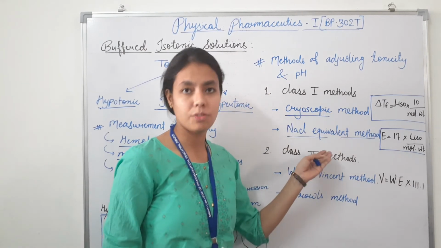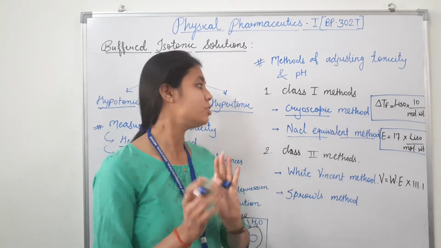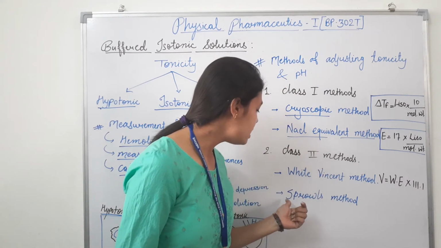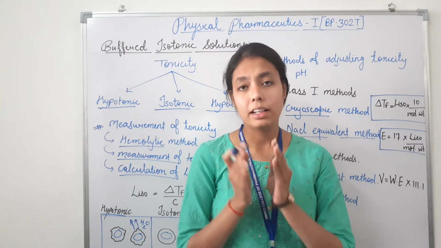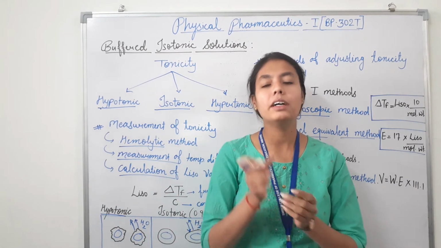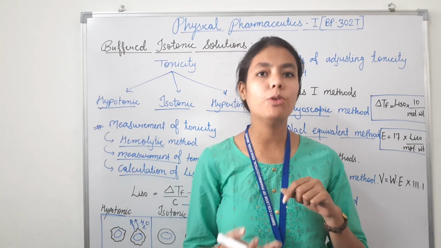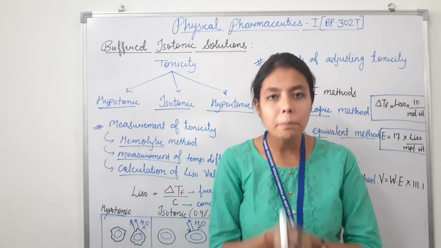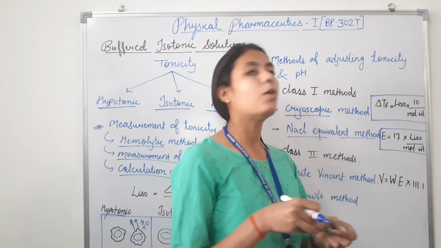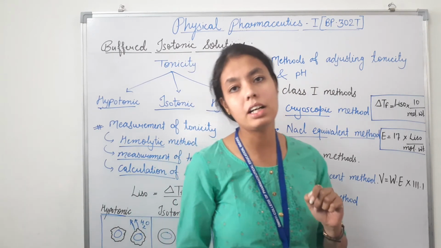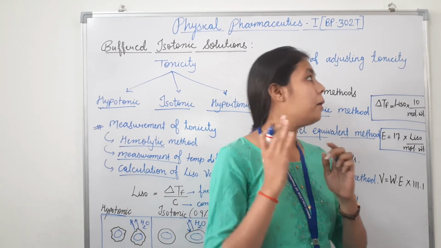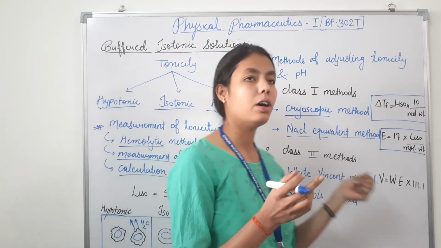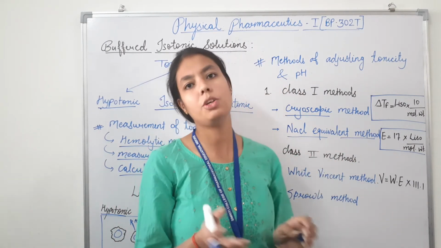So this is about the class 1 method. If we talk about class 2 method, there are two methods. The first one is the White-Vincent method and the second one is the Sproul's method. The White-Vincent method developed an equation for calculating the volume of the isotonic solution prepared by mixing the drug with water. So we have to weigh the quantity of the drug component for which we have to adjust the tonicity with reference to NaCl, and make a solution with water.